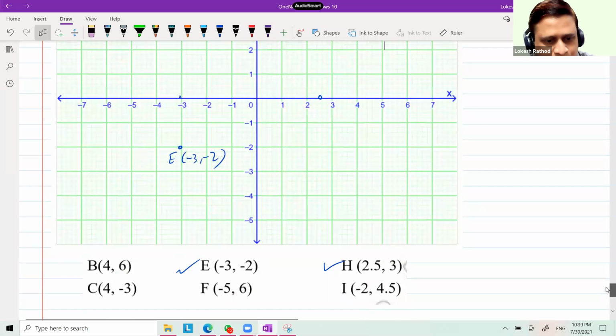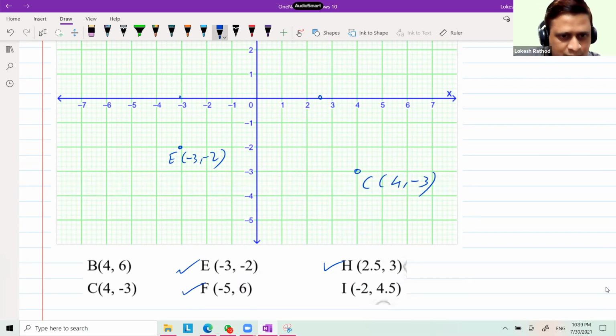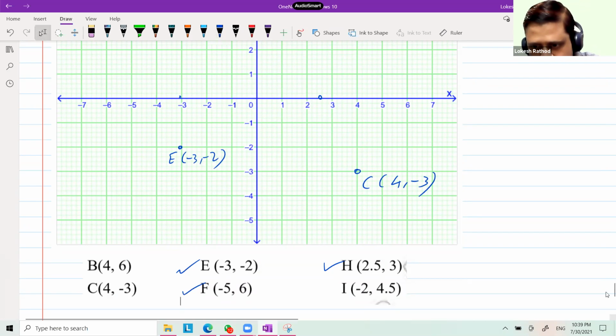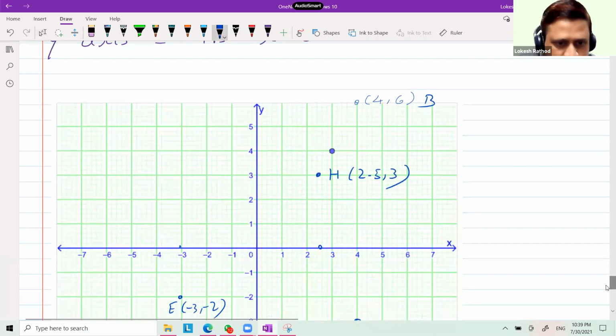Next we have C (4, -3): x coordinate 4, y coordinate -3. So this is C. Are you getting this? F is (-5, 6): x coordinate -5 and y coordinate 6, so that will be here.